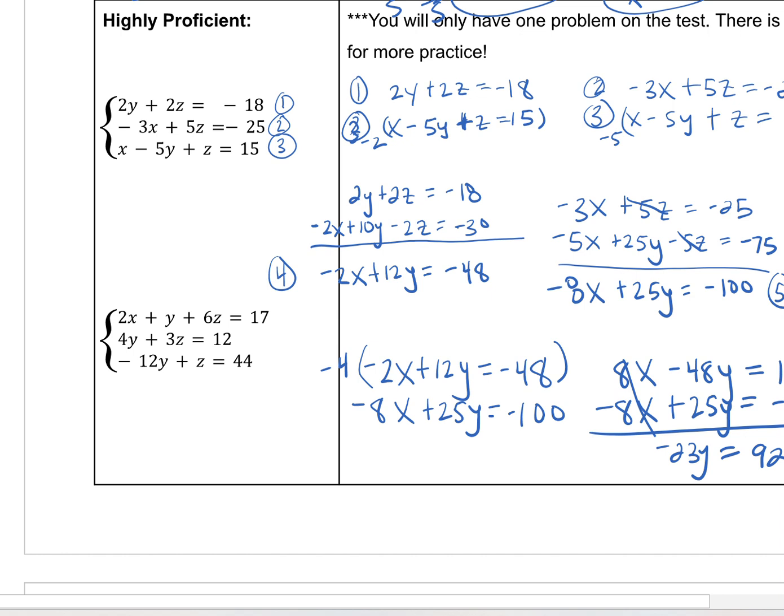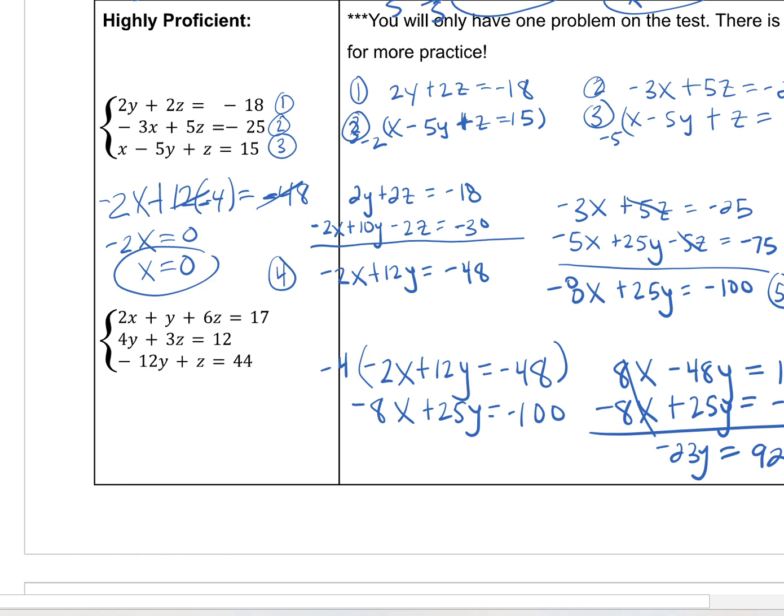And so if I put that in here, let's do it in 4. So I have negative 2x plus 12 times negative 4 equals negative 48. So what you'll notice here is you have a negative 48 and a negative 48. So negative 2x equals 0, and we get x equals 0.